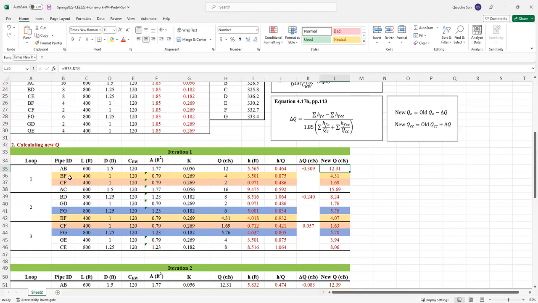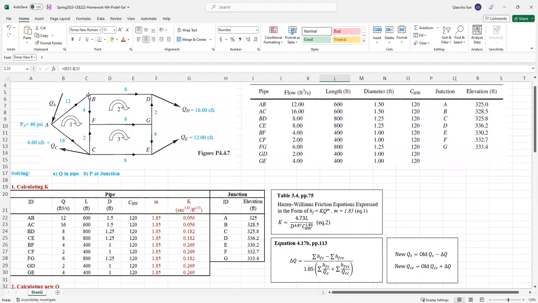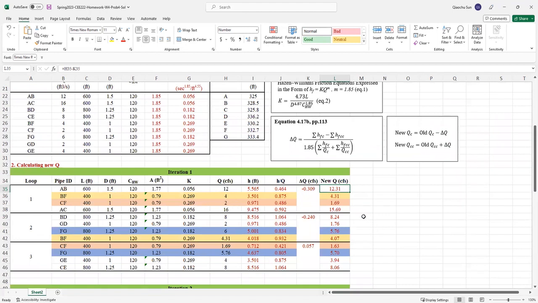I highlighted the pipes BF, CF, and FG, because these 3 pipelines are the shared pipes in different loops. It means that we need to pay more attention to setting up their original flow rate.